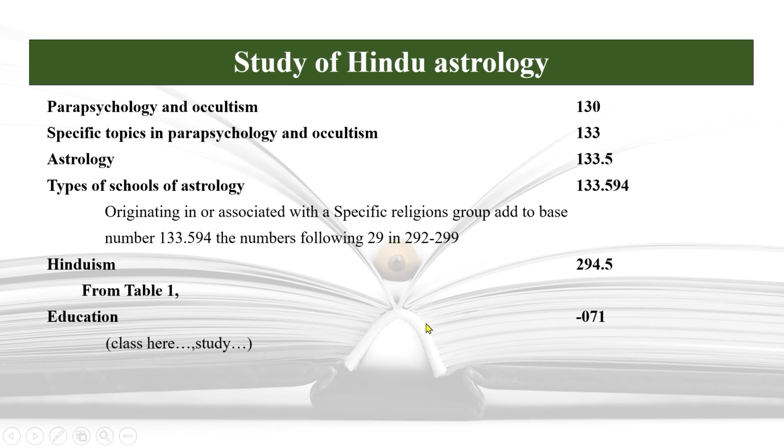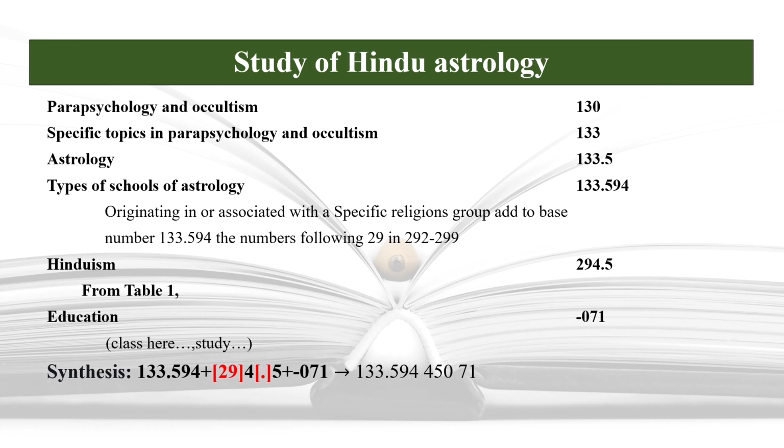So what will be the synthesis? As you know, the number for types of school of astrology is 133.594, and as per the instruction we have to delete the 29 of 294.5, and you know there will be only one dot after the first three digits as per the norms of DDC classification.